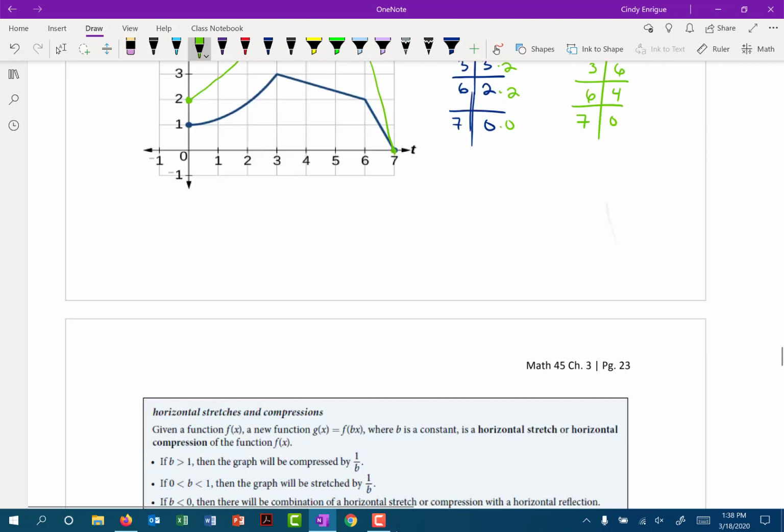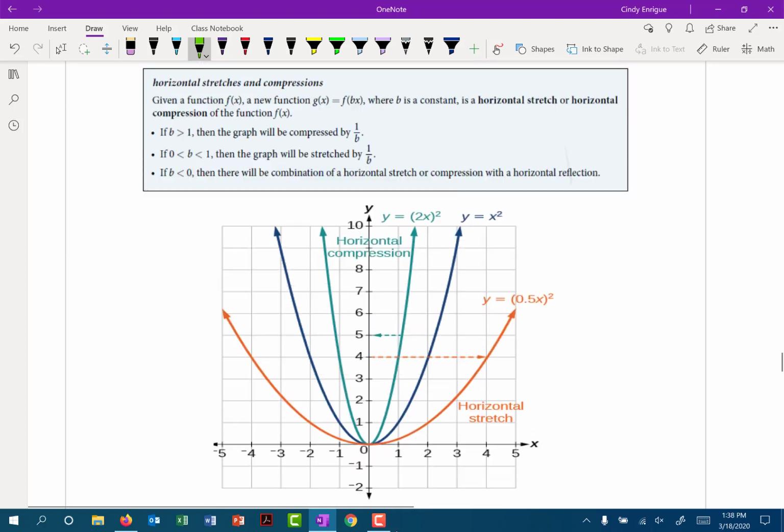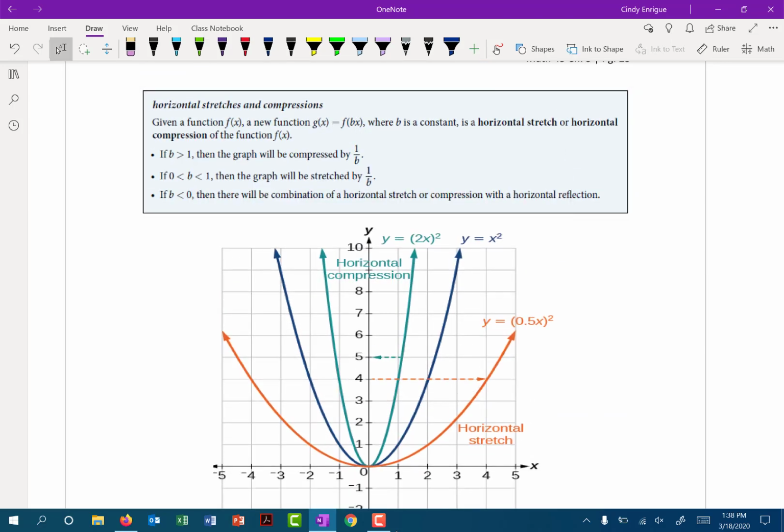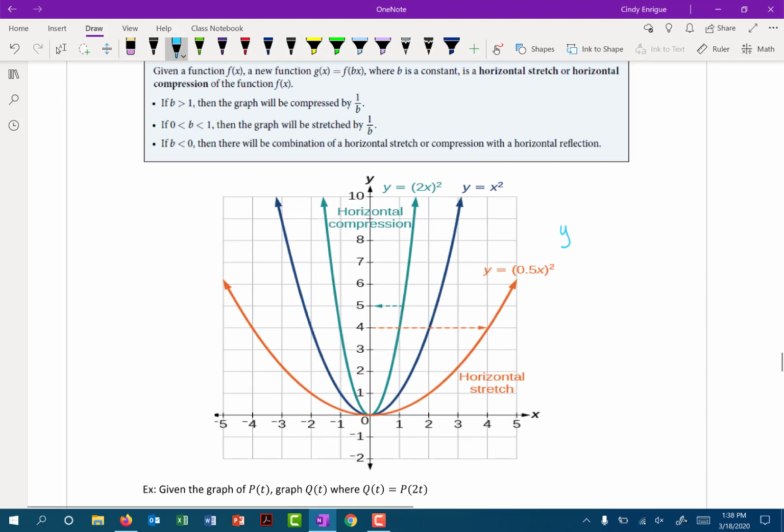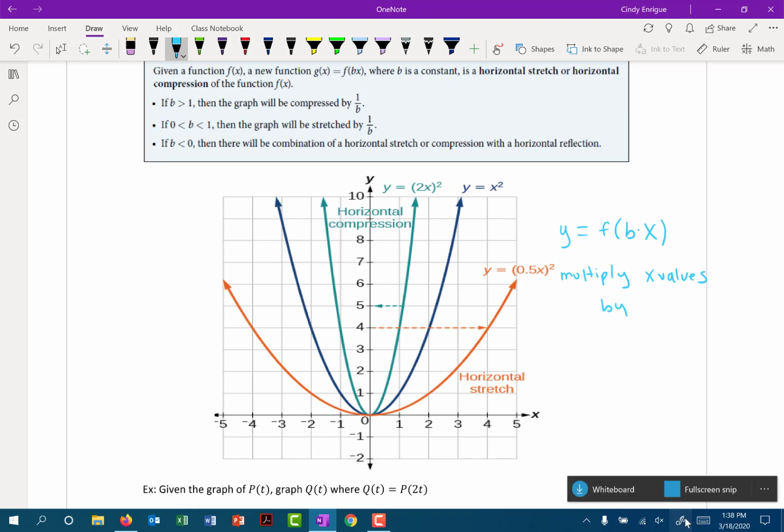We are going to be moving on to our next example. So for this one, we're going to be talking now about our horizontal stretches and compressions. So here, when I have that y is equal to f of b times my x value, then what we're doing is we're going to multiply all of our x values by 1 over b.